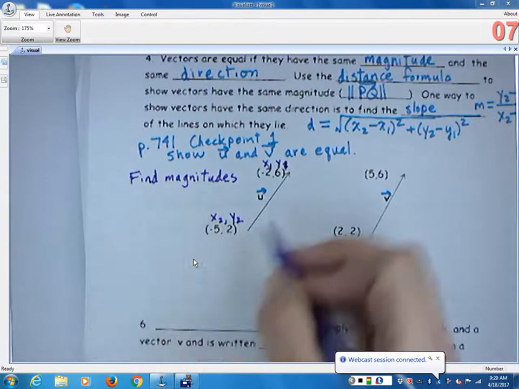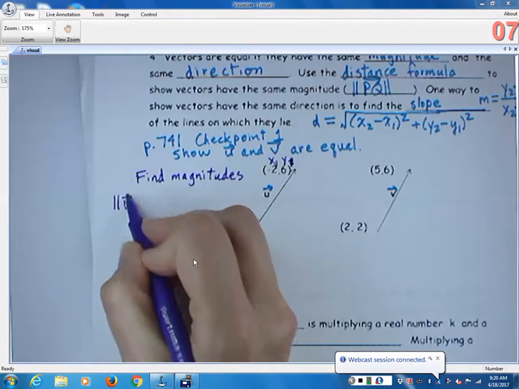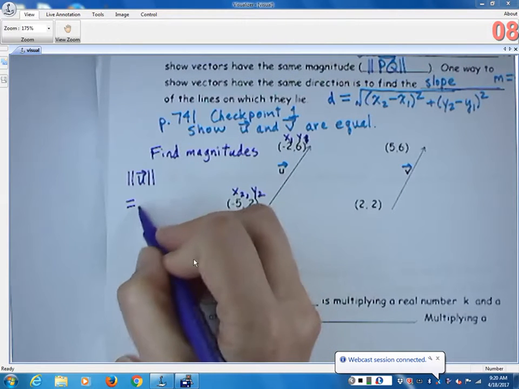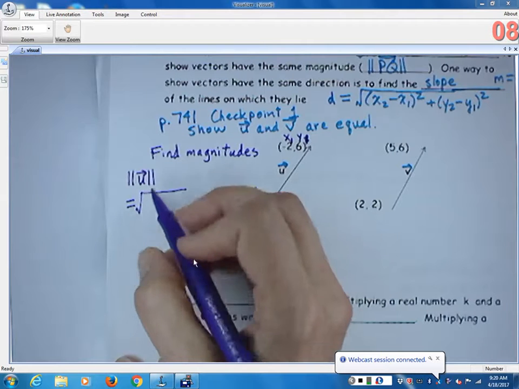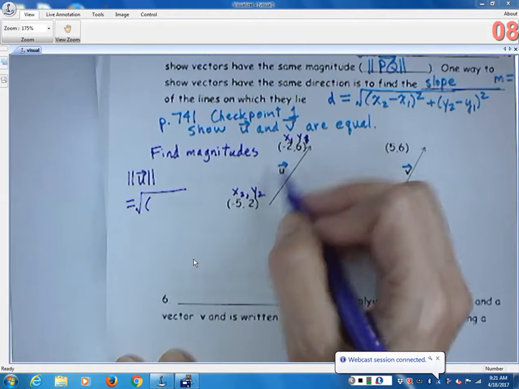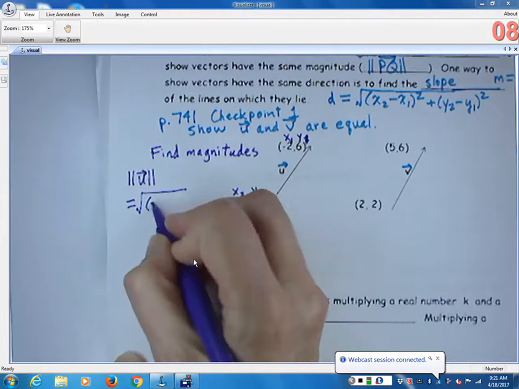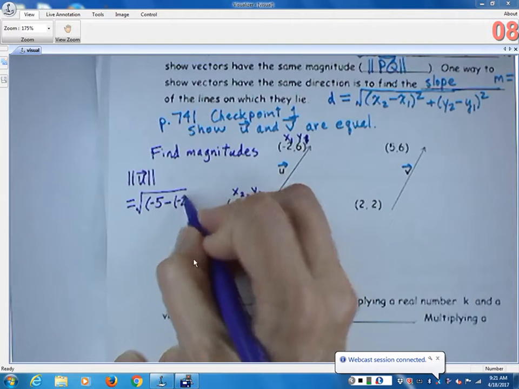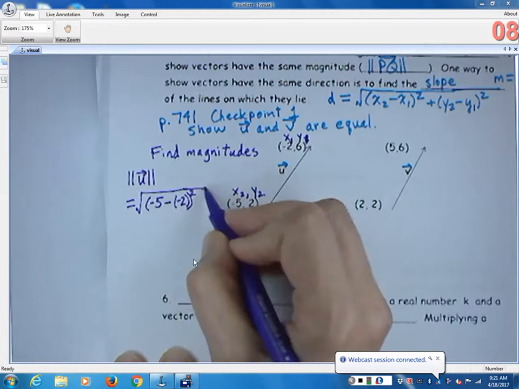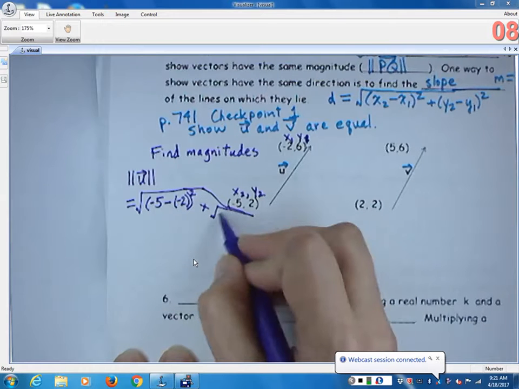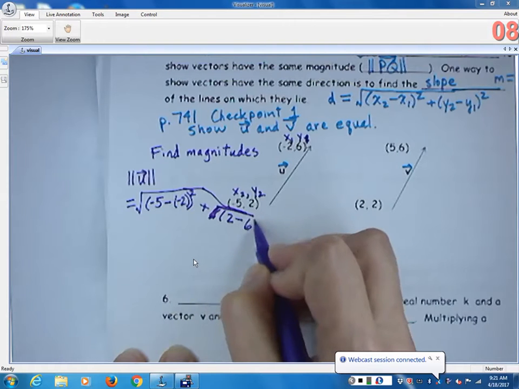So the magnitude of U equals the square root of x2, which is -5, minus x1, which is -2, squared, plus y2 minus 6 squared.